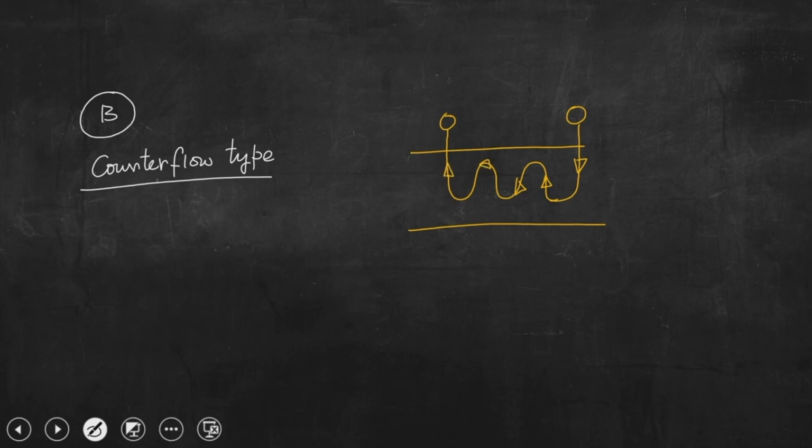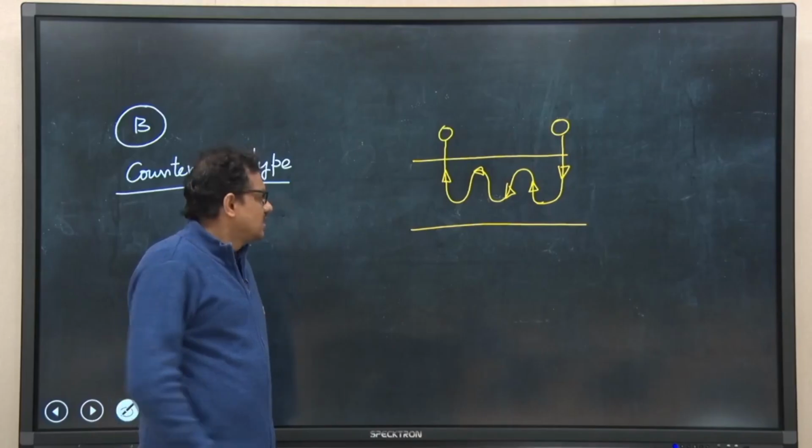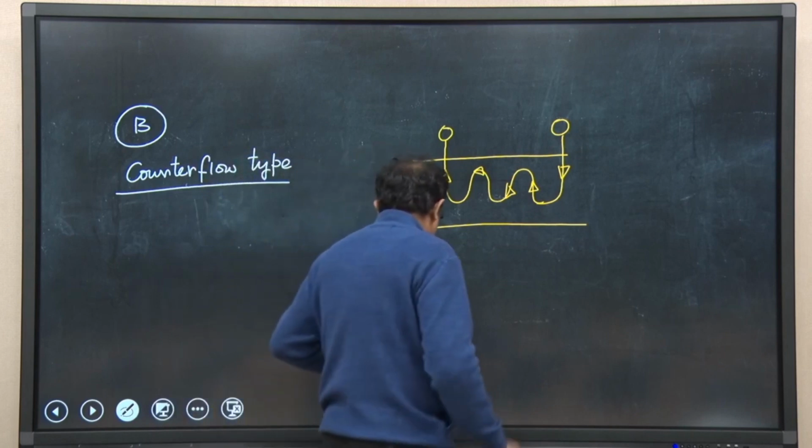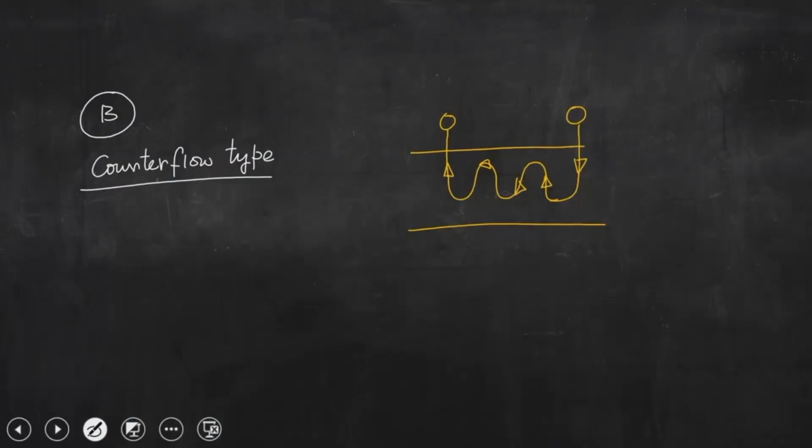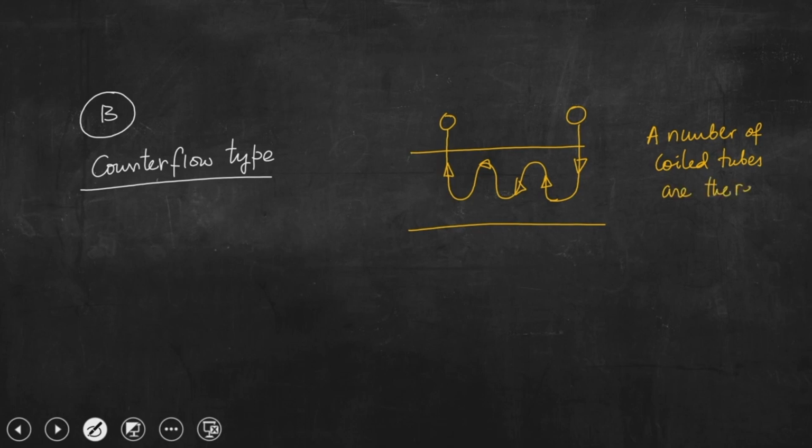So, you know that this is counter flow type. Basically, whether it is a convective superheater or radiant superheater, a number of coil tubes are there in the superheater.